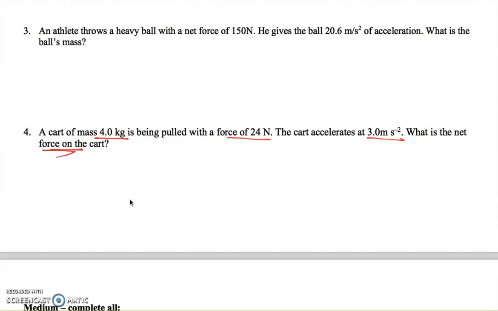So just kind of drawing a little setup, I've got this cart, this is a picture, and it's being pulled this way, probably along some sort of floor, and I want to know the net force. And so I'm going to write down what I know in the problem and draw my free body diagram. So I know the mass is 4 kilograms.